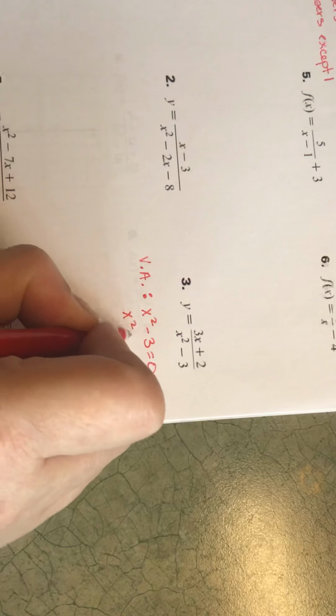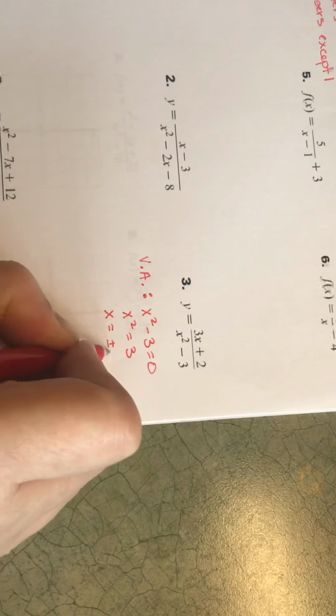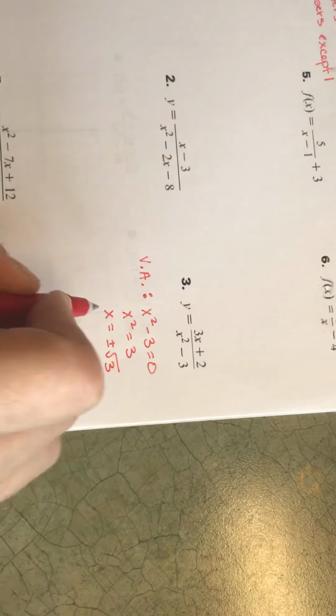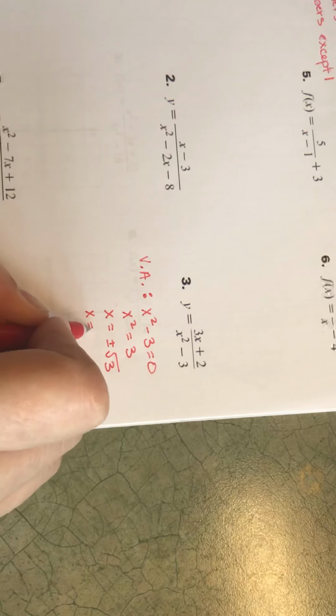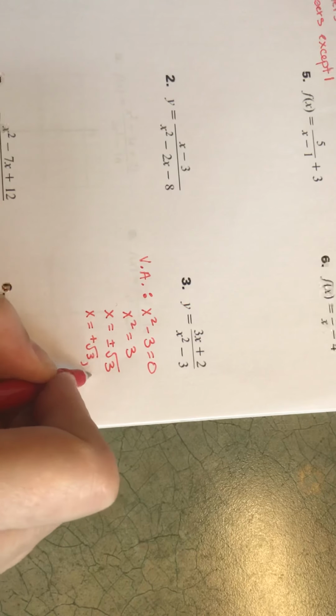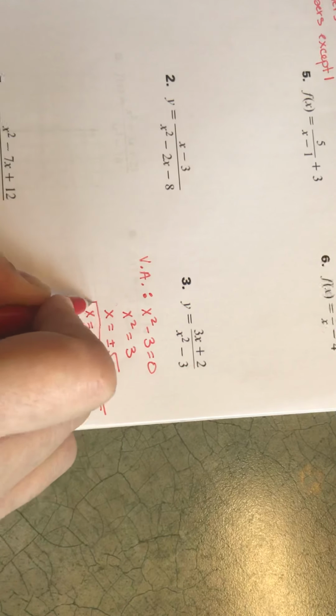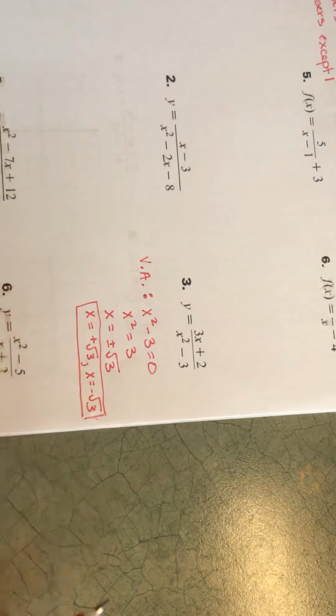So x squared equals 3. So x equals plus or minus the square root of 3. Let's make sure we're clear. This is the positive square root of 3, and then we're going to have another asymptote at the negative square root of 3. So those are our two asymptotes.